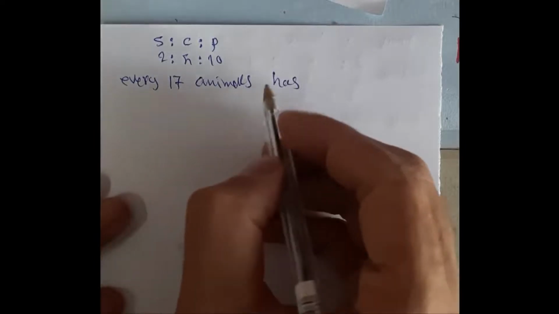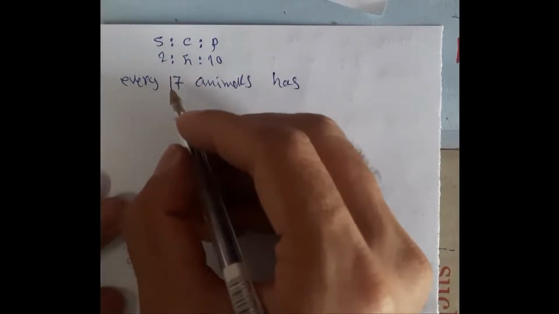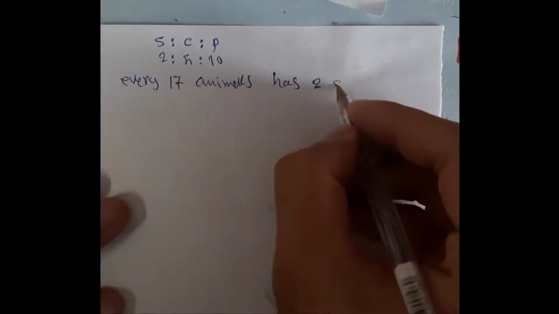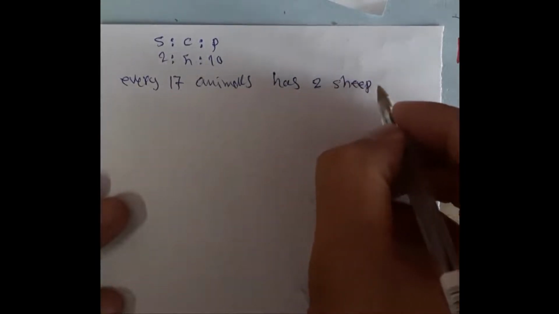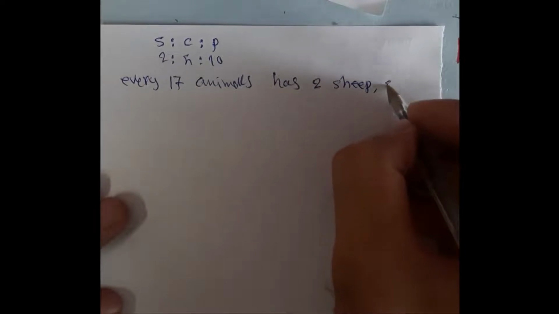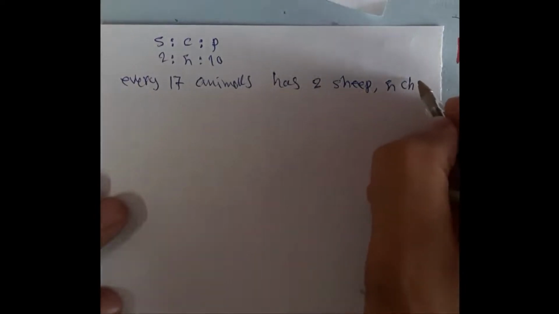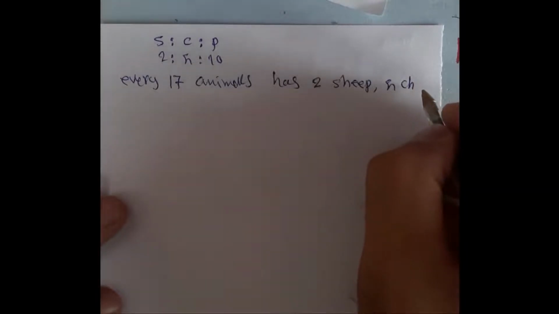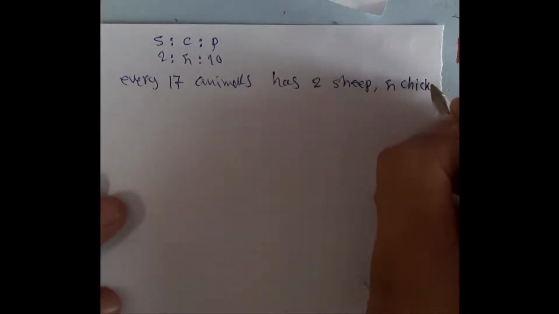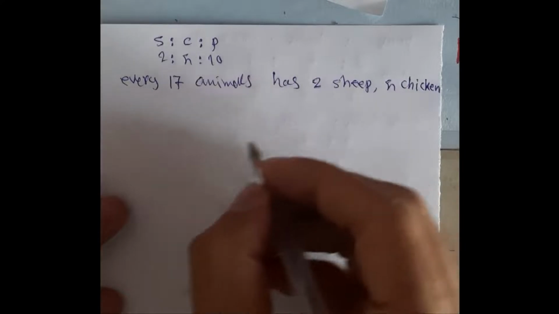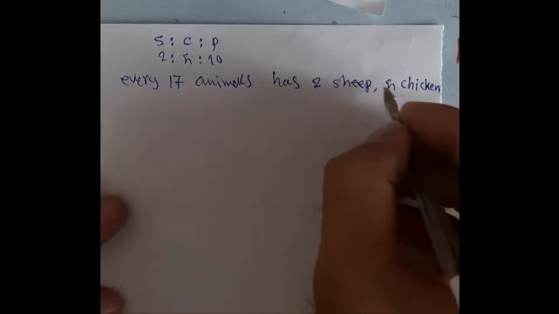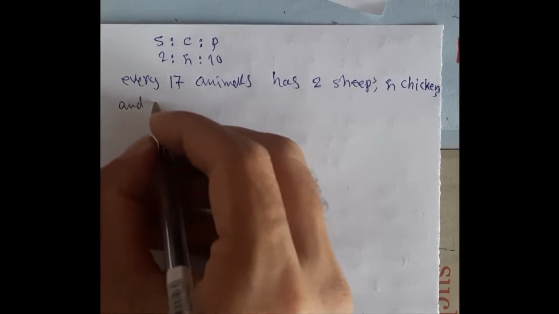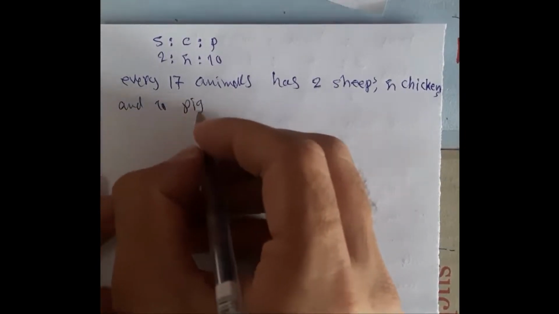Every 17 animals has 2 sheep, 5 chickens, and 10 pigs.